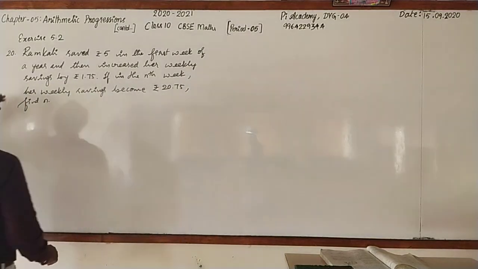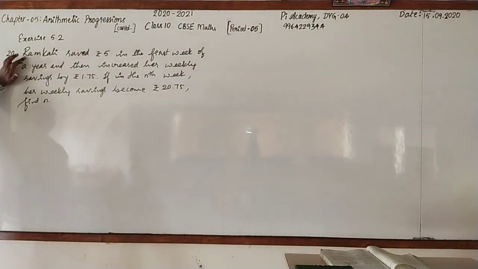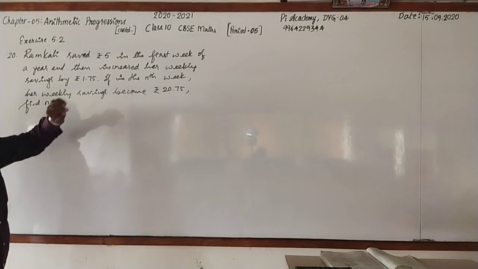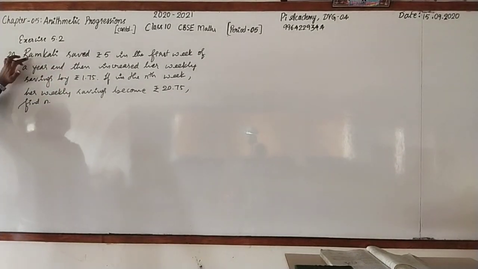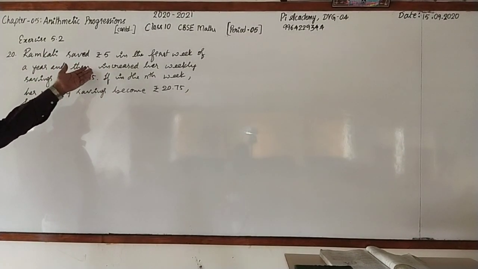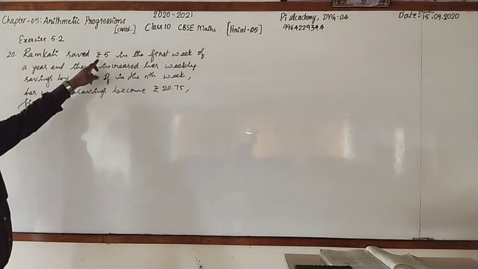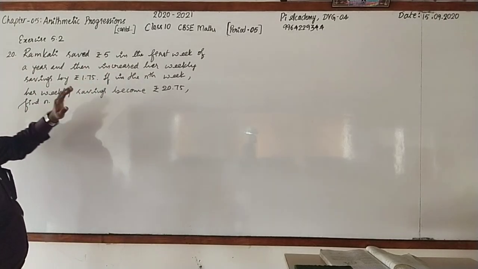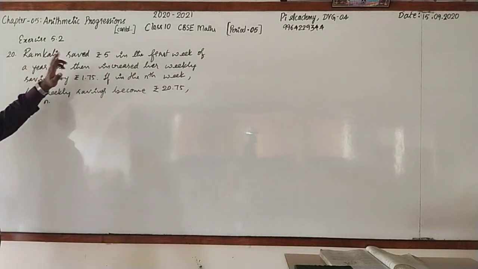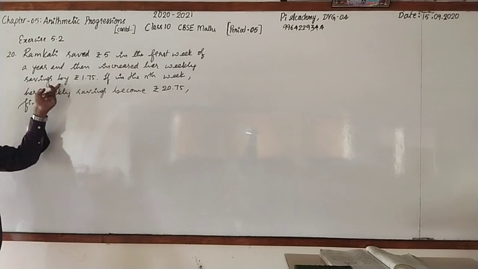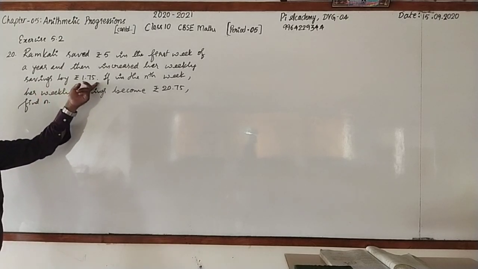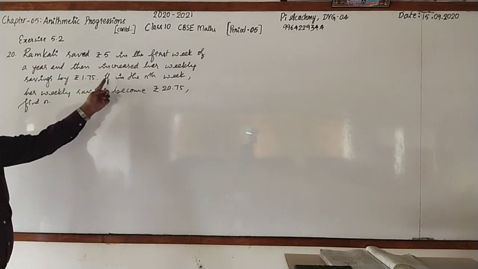Observe the next one. It is like this, similar to the previous one. Here their salary was given, but here savings have been given. Ramkali saved ₹5 in the first week of a year and then increased the weekly savings by ₹1.75.